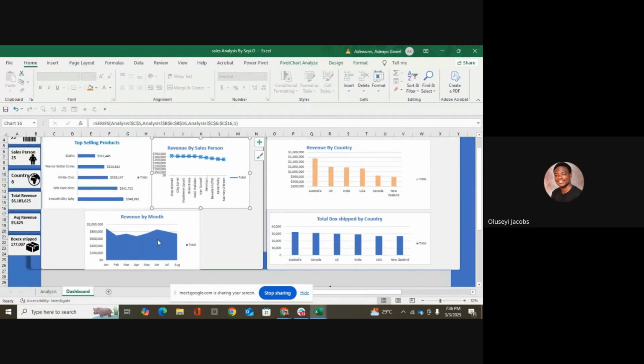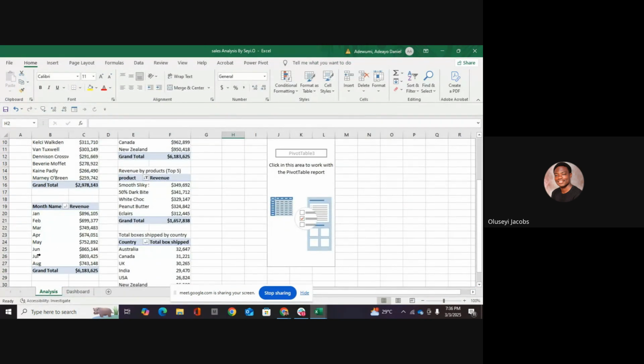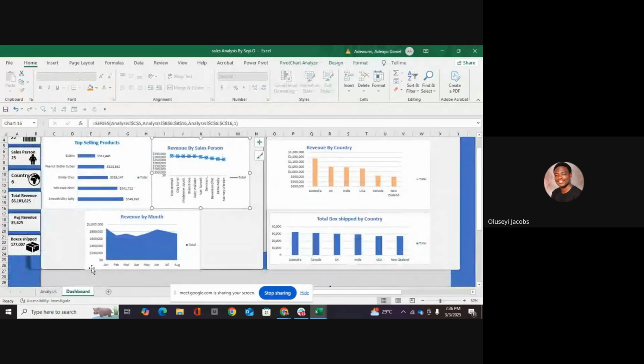And we can also say for the revenue by month, from this graph you can see that January has the highest. I sorted it from January to August. It has the highest number of revenue, and that means there was more sales in that particular month.